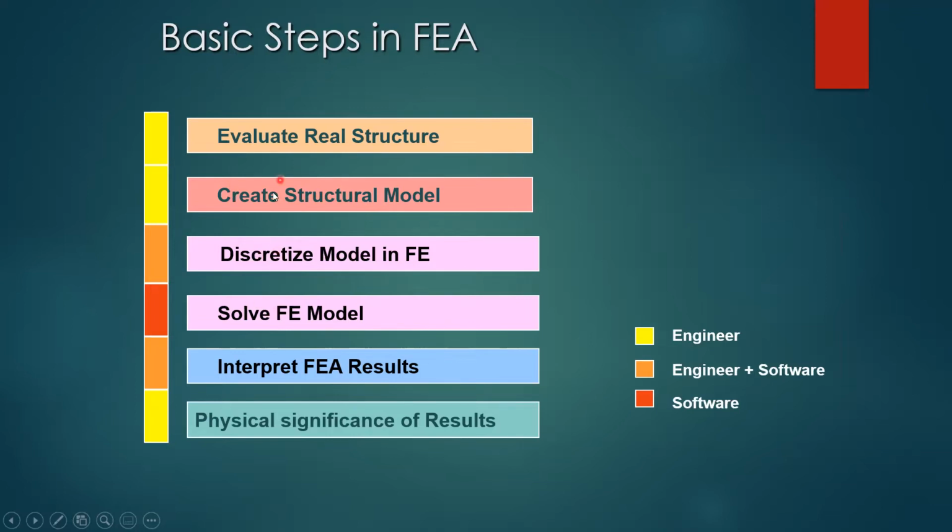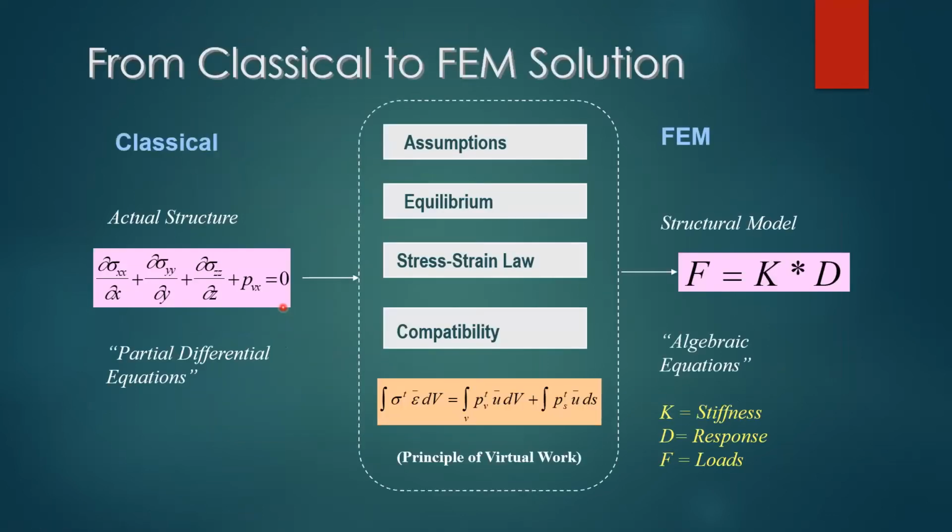Now when you input the model into the finite element software, it is now the finite element's responsibility to solve the model based on what we explained before. This is the actual structure, partial differential equation, virtual work, and then we have the response.